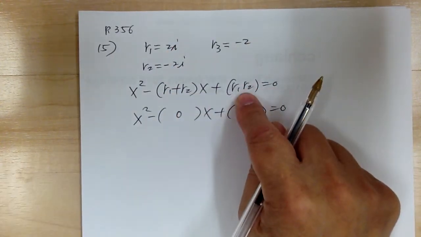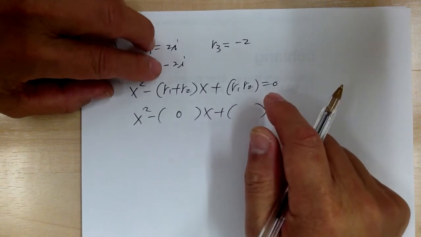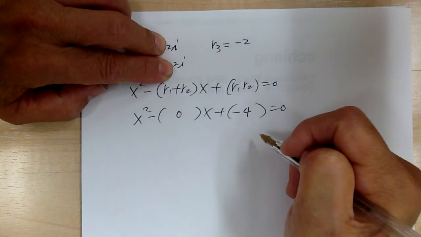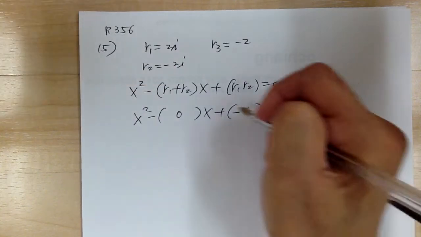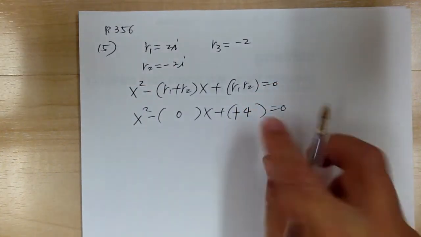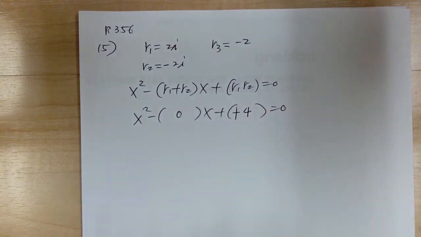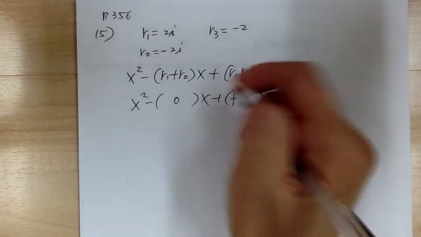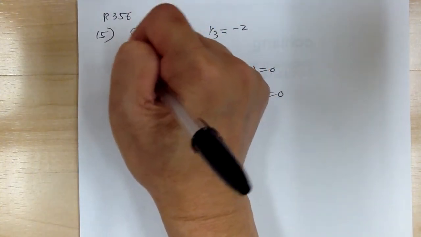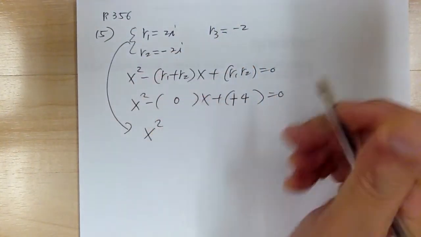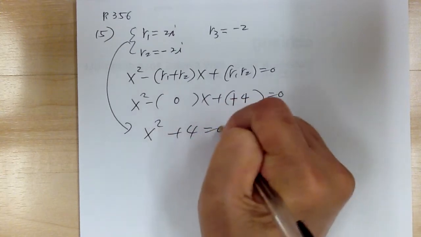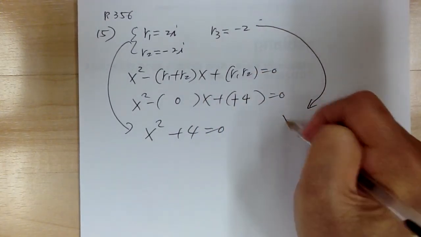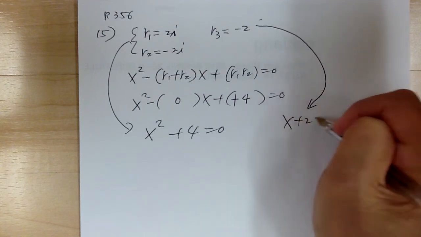When you multiply, the sign is going to be negative, the number is going to be 4, and i times i is negative 1, so this becomes plus 4. So from these two, you get x squared plus 4 equal to 0. From this one, you get x plus 2 equal to 0.